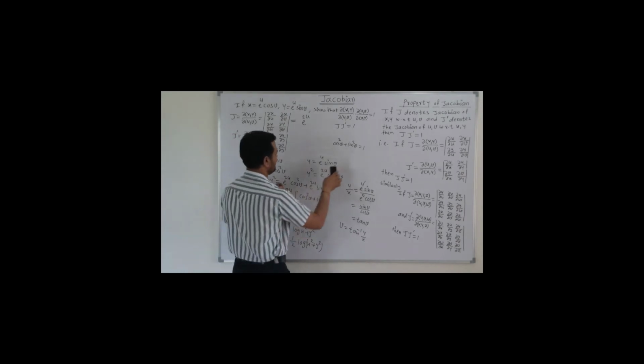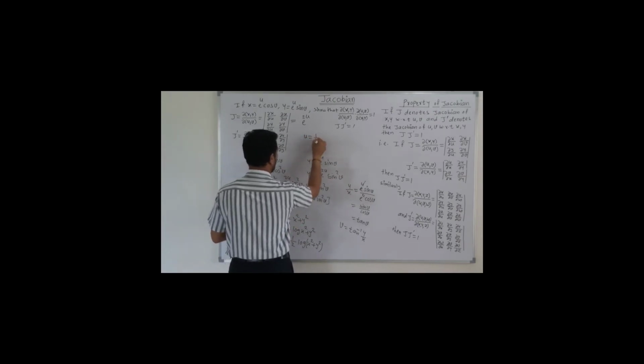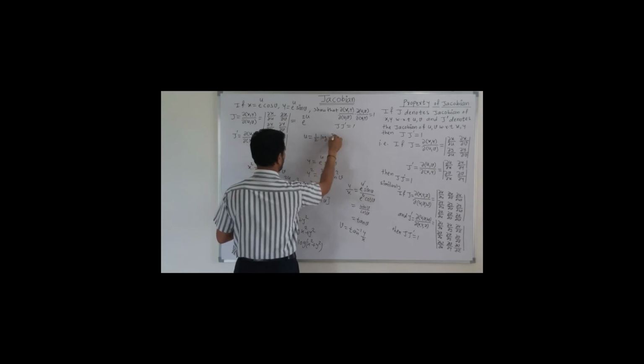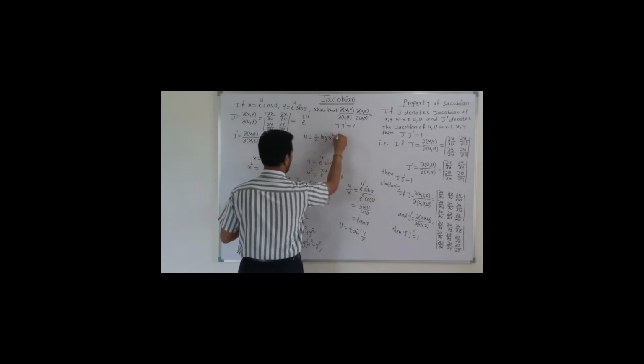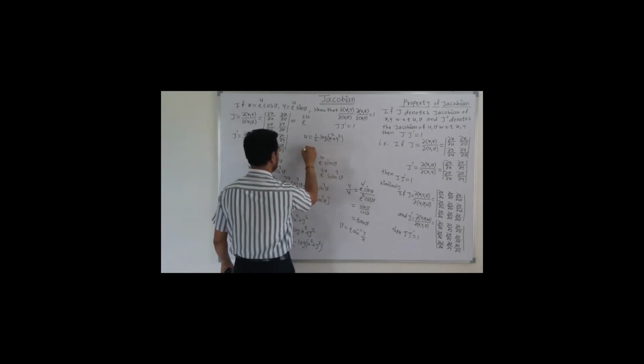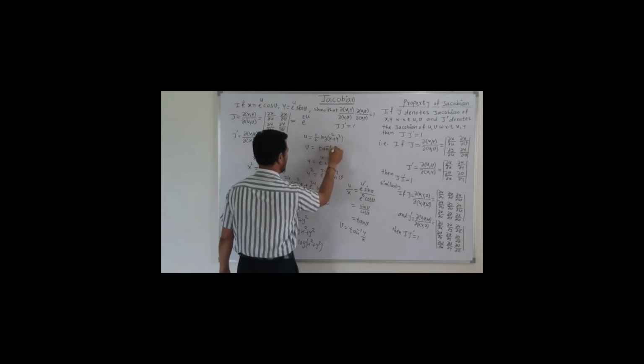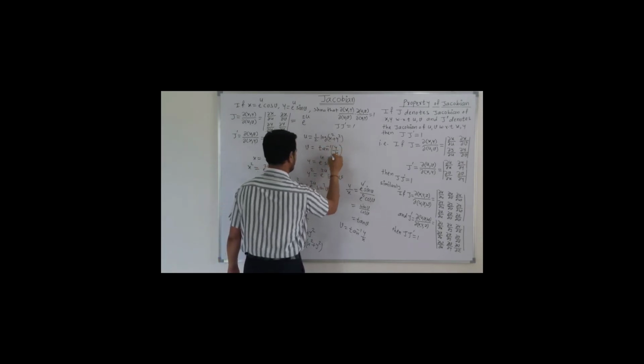Now friends, for simplicity purposes, I will write the value of u and v here. So the value of u is 1 upon 2 log of x square plus y square, and the value of v is tan inverse y by x.